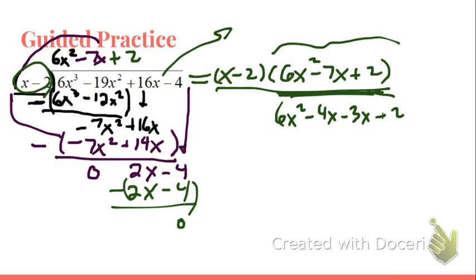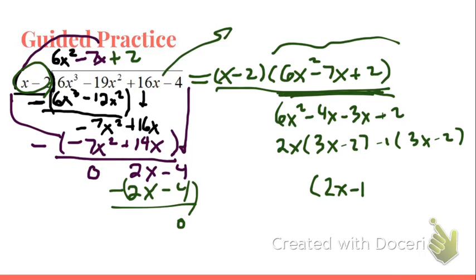So pull out a 2x here, then you're left with 3x minus 2, and then pull out a negative 1 here, and we're left with a 3x minus 2. And now we could factor by grouping and pull out the 3x minus 2, and we're left with 2x minus 1, and then we have that original factor of x minus 2.